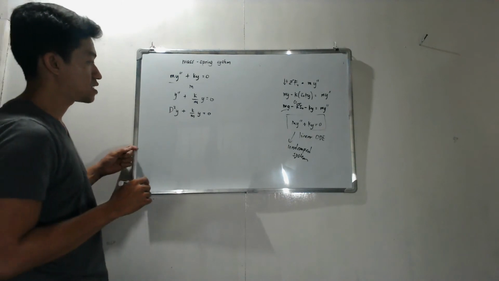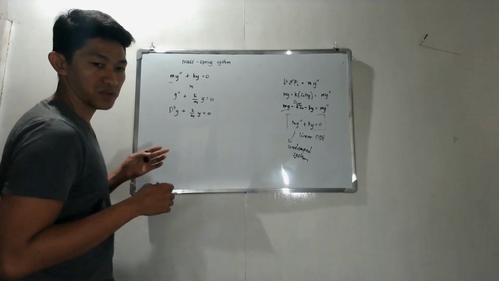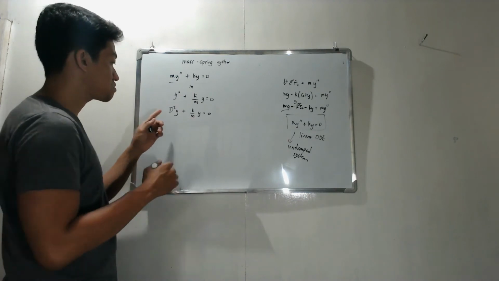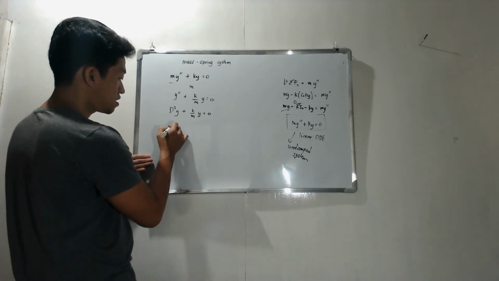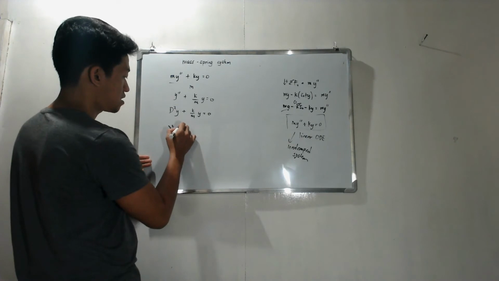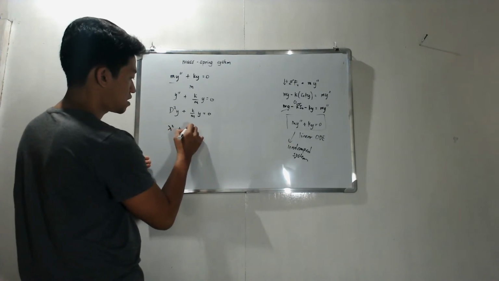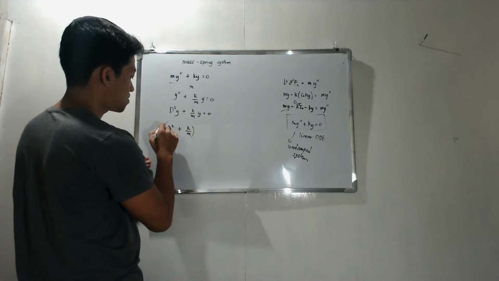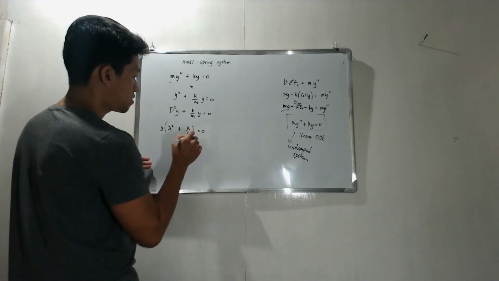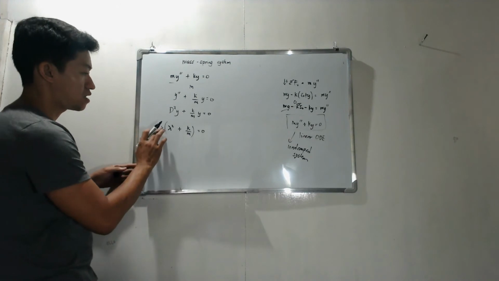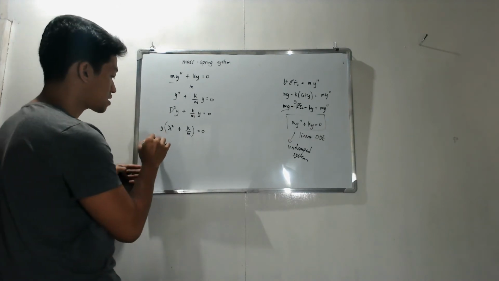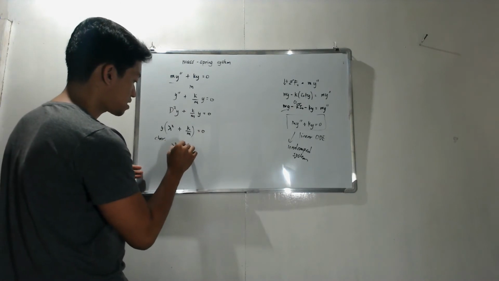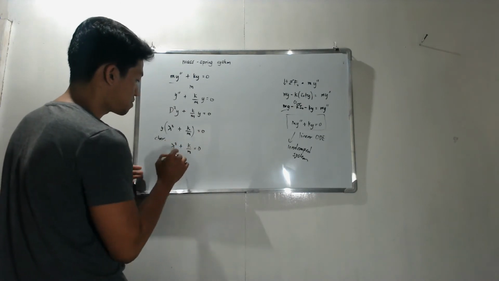We will not use m for the characteristic equation because meron na tayong m dito. So we will use lambda. You have lambda squared plus k over m. So our characteristic equation is lambda squared plus k over m.